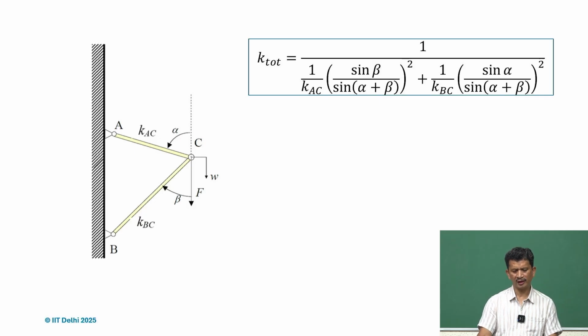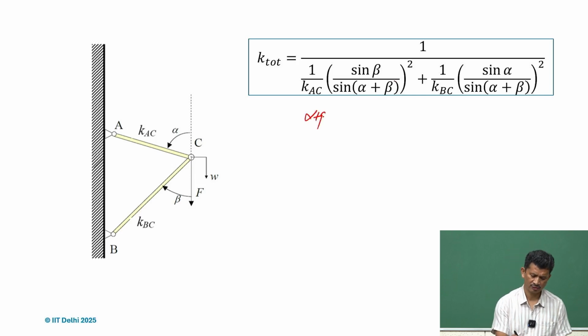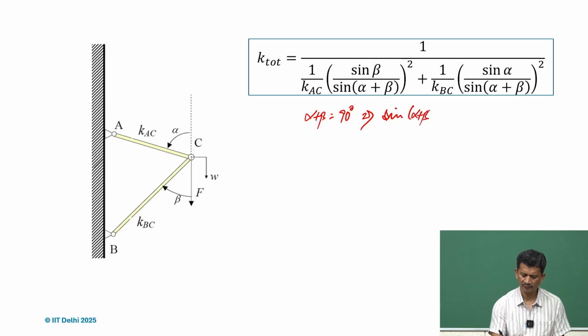But we also realize that if we put alpha plus beta equal to 90 degrees, then sin of alpha plus beta will be sin 90, which is 1.